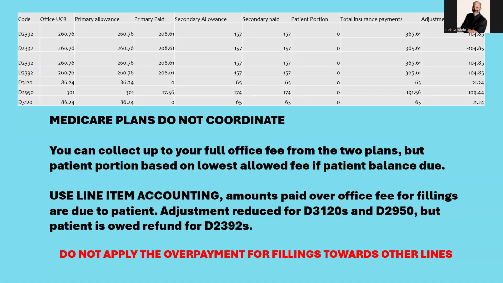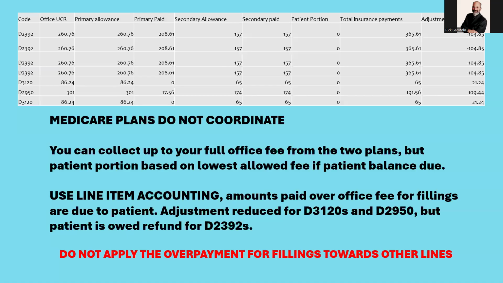So you see how this says negative 104.85 is my adjustment off of UCR? It says that because this is a patient credit.